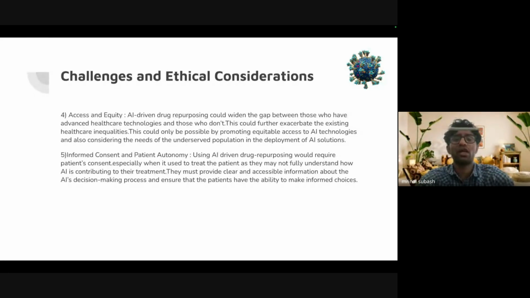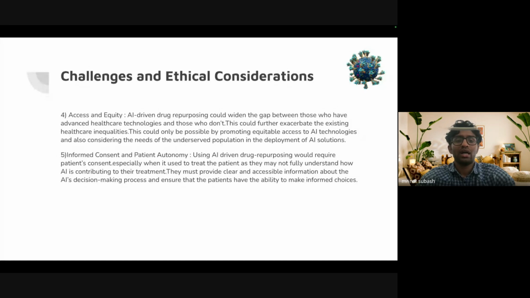And if you are making a certain drug completely available to the public, there could be a possibility that it could breach equitable access to AI technologies.